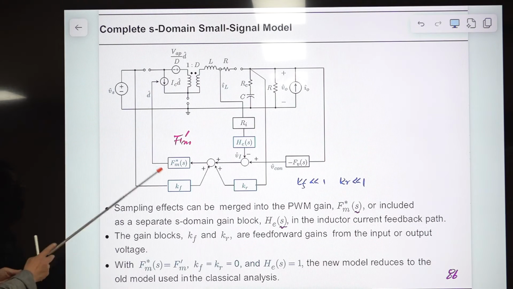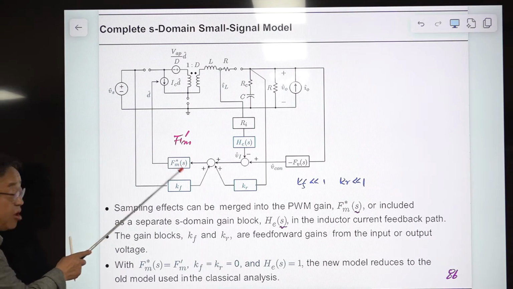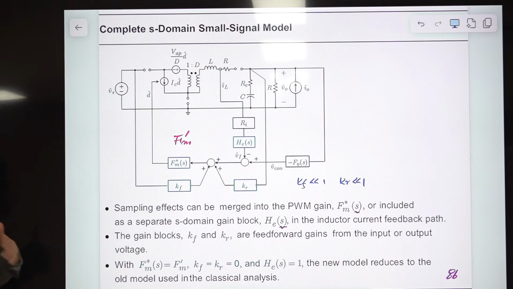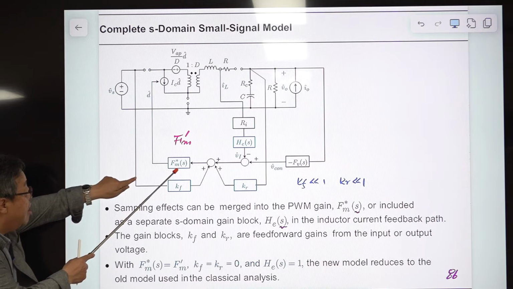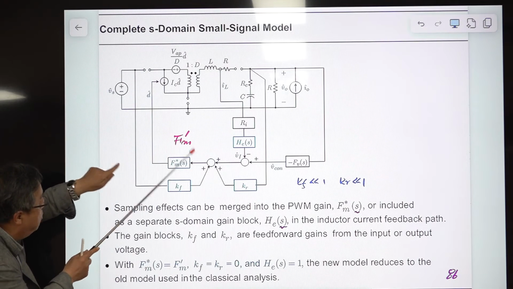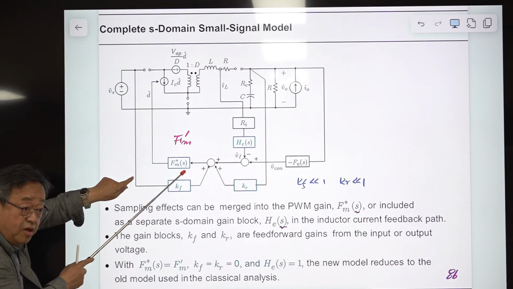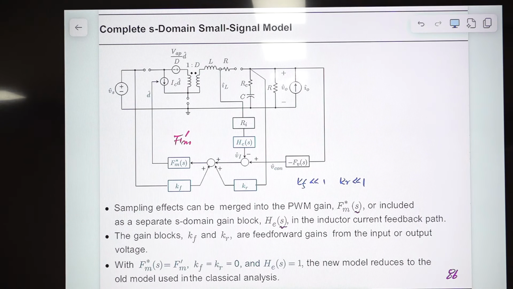Sometimes it is a function of frequency. Previously it was constant. It can be constant in some cases, but it can be a function of S. All right, so for additional blocks, include this one.